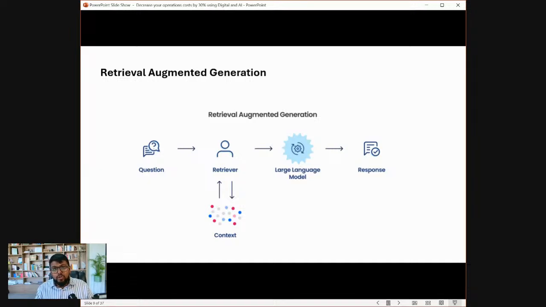So that response would not be a generic response, it would be according to your organization's knowledge. And that's a big step in the whole large language model world. We are again going to be looking at some use cases of this.